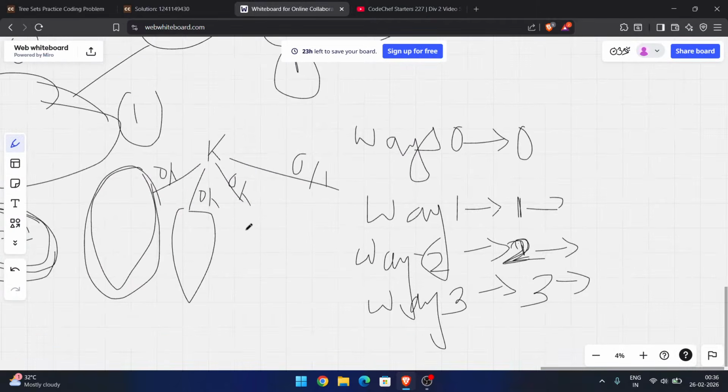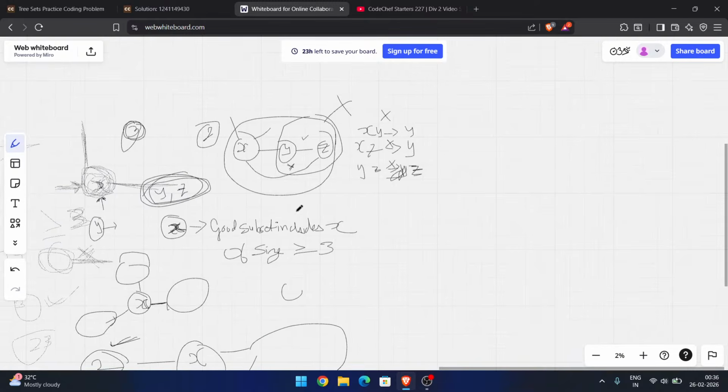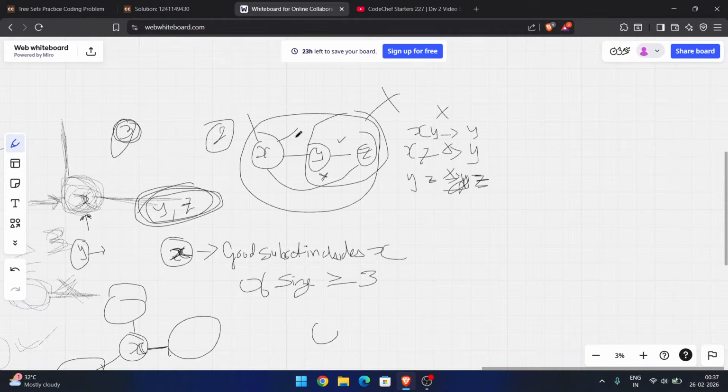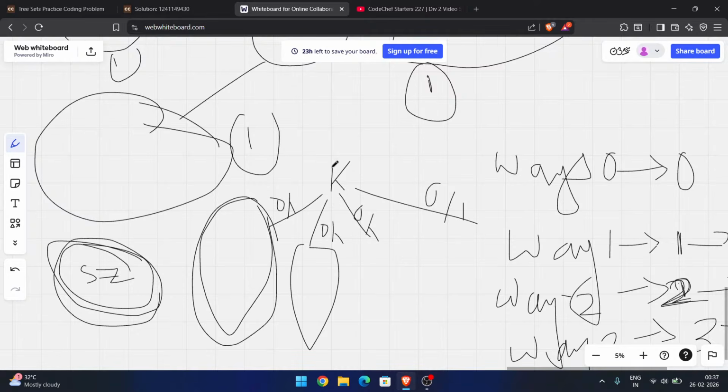Okay, so till here everything was correct. If we want a size greater than 3, then we can't take both from the same subset, meaning we can't take two elements from the same branch. So now what is our problem? Suppose there are k branches of any vertex.